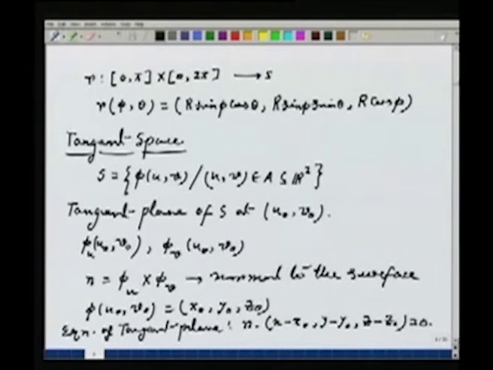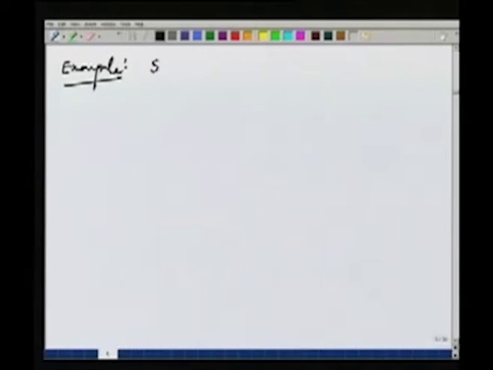So this is the equation of the tangent plane of a surface S at a point (x0, y0, z0). Now, I want to give two examples where these constructions will be even more clear. The first example: let us look at the surface S, which is the graph of a function f.